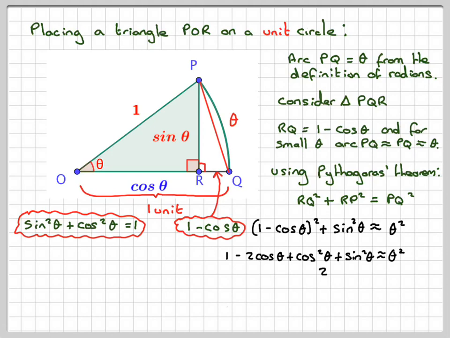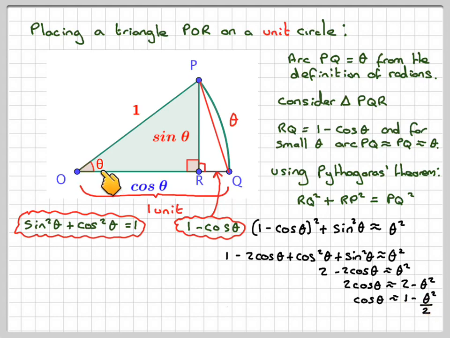So we're going to have 2 minus 2 cos theta is approximately equal to theta squared. Remember, we're trying to find a value for cos theta when theta is small. So 2 cos theta will be approximately equal to 2 minus theta squared. Dividing through by 2, cos theta will be 1 minus theta squared over 2.